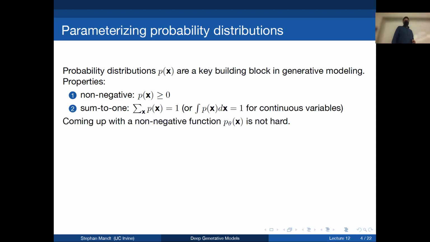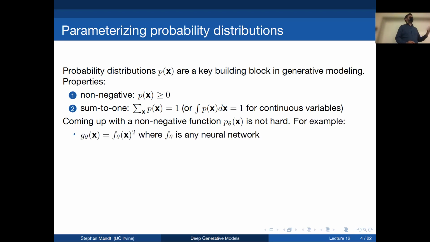Now, how could we design these probability distributions? How can we invent distributions that we use to model the data? In particular, the first requirement is typically fairly easy. Any non-negative function will do the job. So just coming up with some non-negative function that we parameterize with certain parameters theta, for example, using a neural network in some way, is typically not very hard.